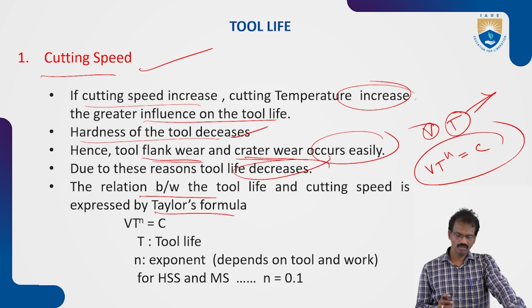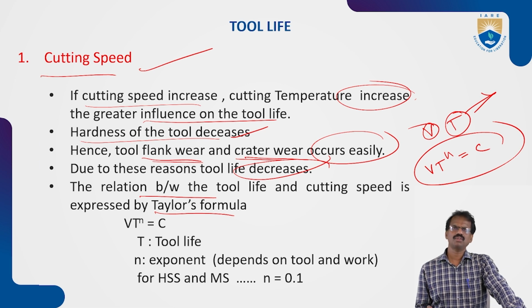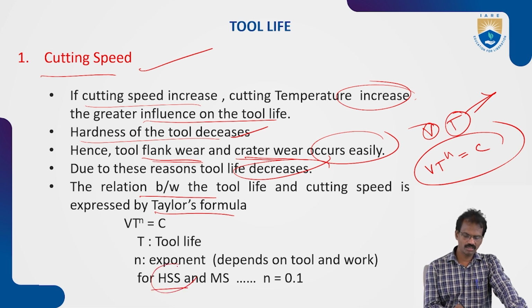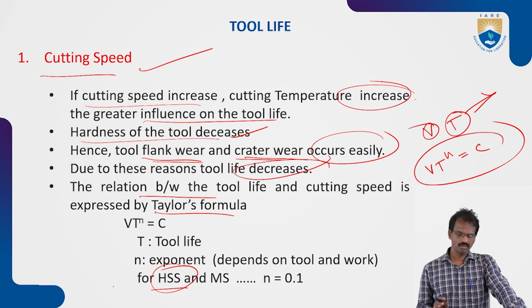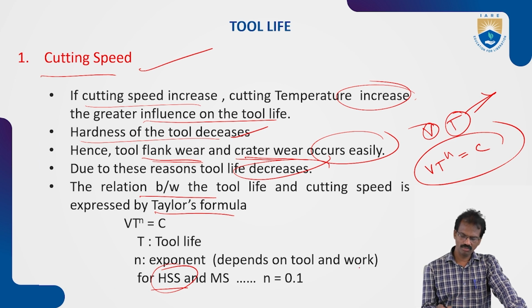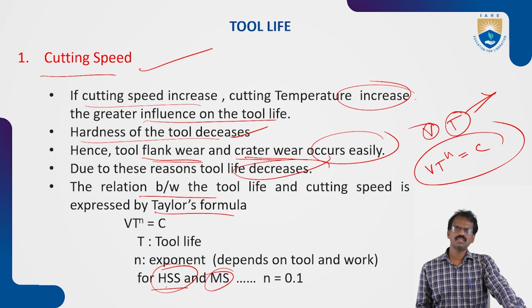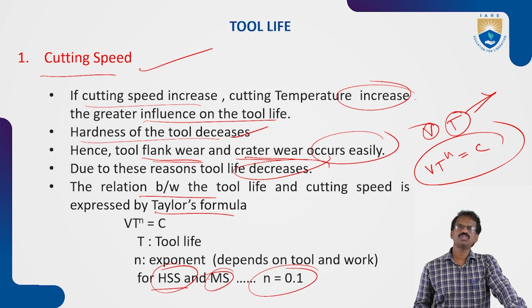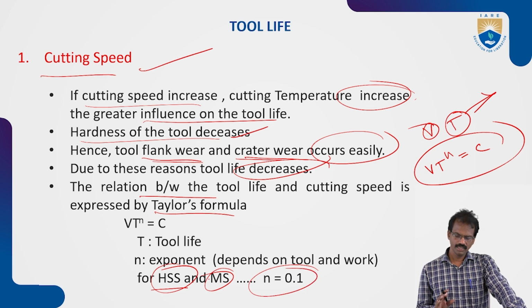For example, for a high speed steel (HSS) tool and a mild steel (MS) workpiece, you can take n equal to 0.1. There are different n values based upon the tool and workpiece materials.